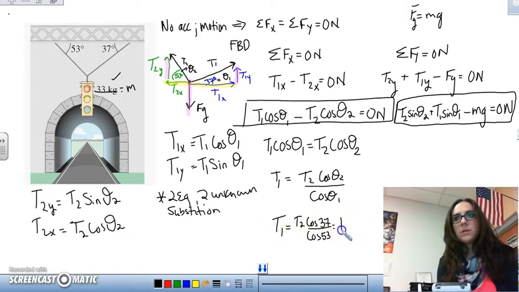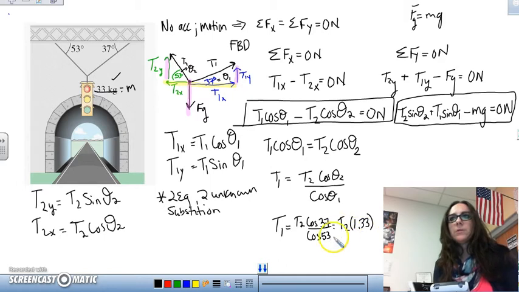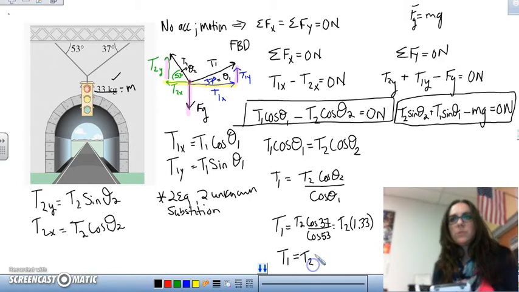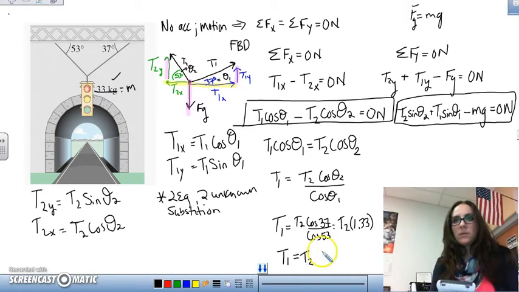So T1 is going to be T2 times 1.33. By doing this, plugging it in here would be a lot easier. So I'm just going to rewrite this so it's nicer: 1.33 T2, like that.